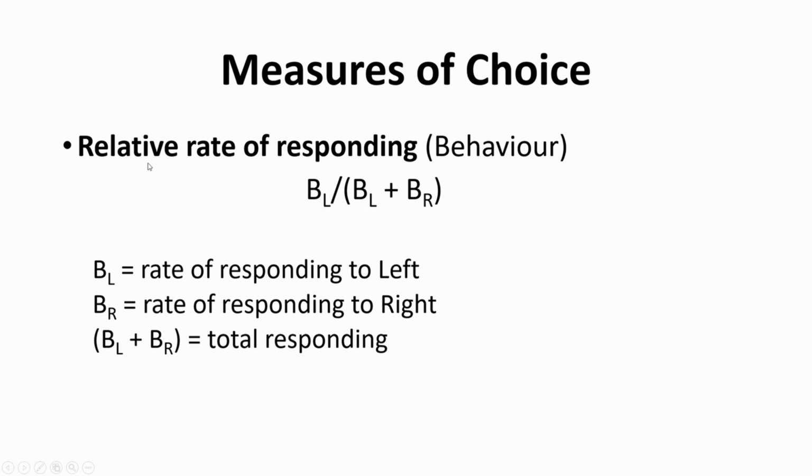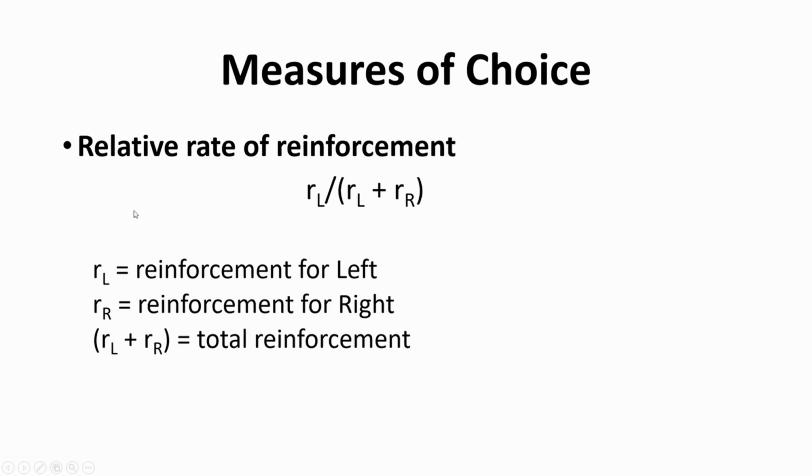You might also see this talked about as relative rate of behavior. We can also look at relative rate of reinforcement. So instead of looking at the number of key pecks or lever presses, we would instead look at how often reinforcement is delivered for having done that lever press on the left or that key peck on the left.